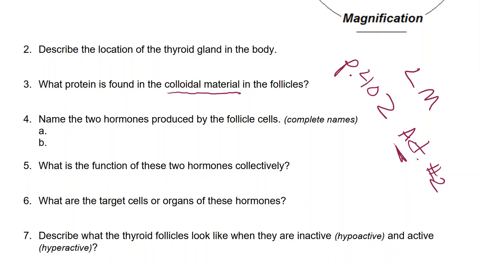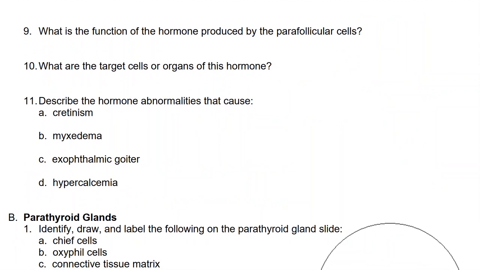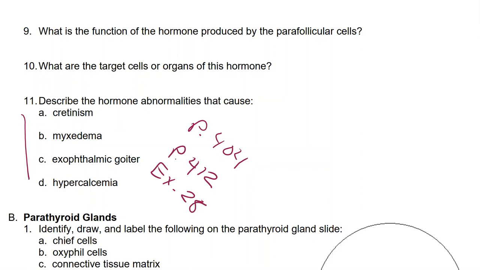For colloidal material and for some of the information in question number 7, you'll find it at page 402. For diseases that have to do with the thyroid, check page 404 and page 412 in exercise 28 for some information about these.